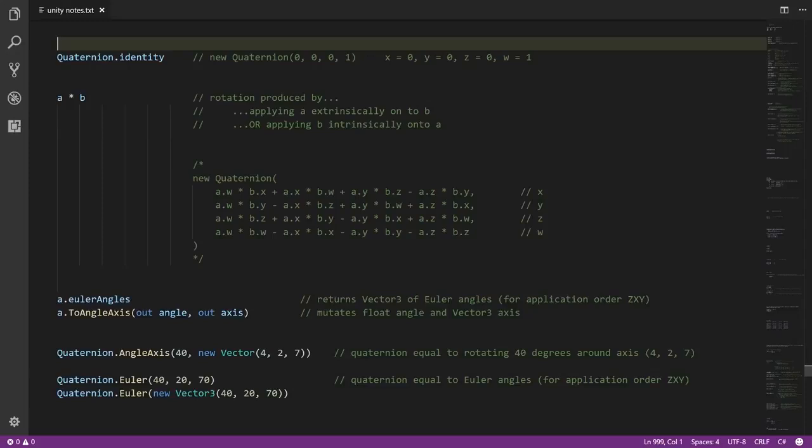It always returns a positive w. So in some cases, the xyz values will have flipped signs from the axis angle representation. Be clear though, that's just an artifact of the conversion code. We could have a quaternion with w being negative. It's just that in this particular example, it's never going to be negative.